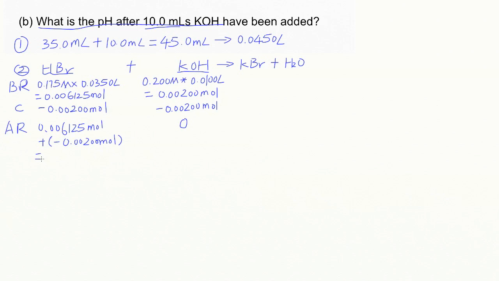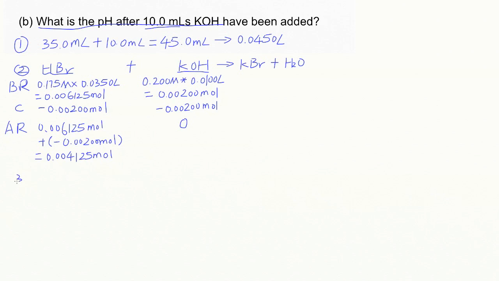I got 0.004125 mole. Now this is how much hydrogen bromide is left after you add 10 ml of potassium hydroxide.